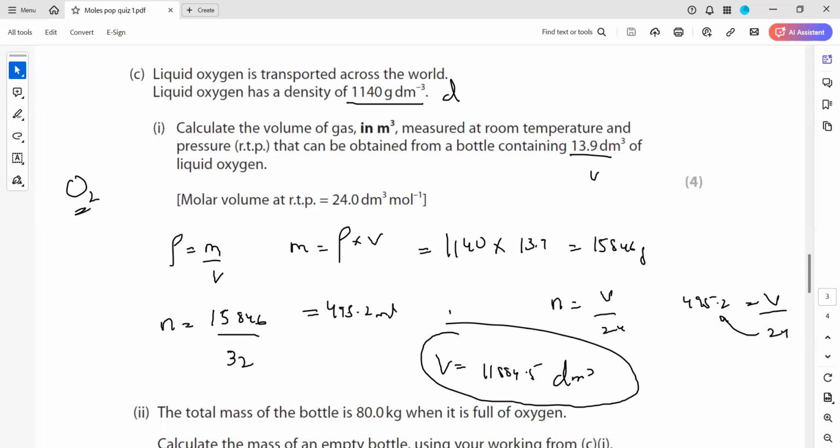Because the question is written in bold, we need meter cube. So what we simply do, the final answer will be divided by 1000. Decimeter cube to meter cube, divide by 1000. So it will be 11.8 or 11.9. If I write three significant figures, 11.9 meter cube. Is it clear, this one? Yes.